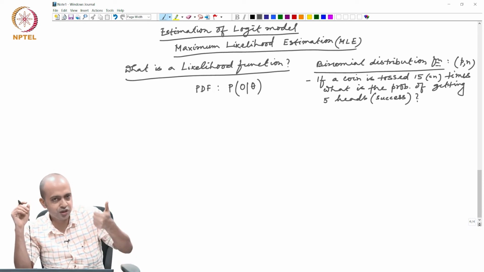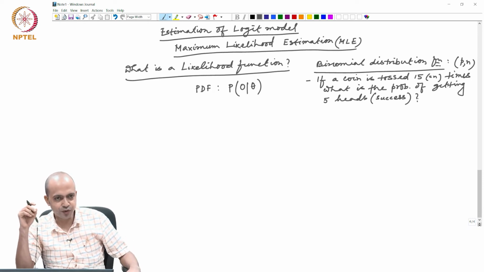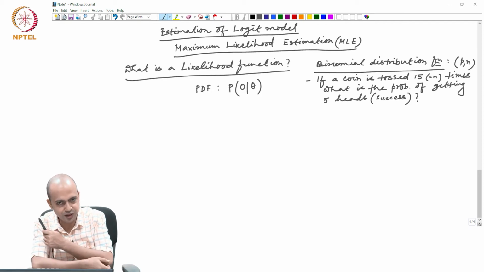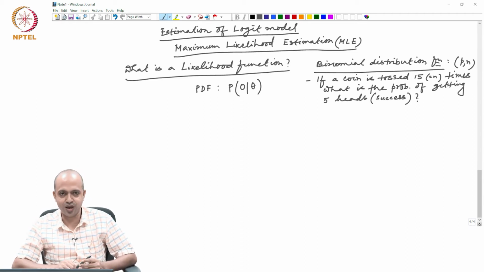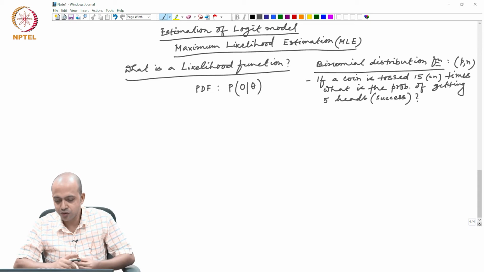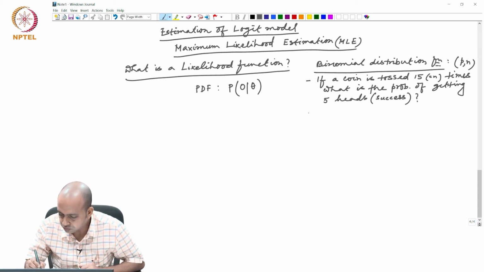So, you are tossing the coin 15 times, that means number of trials is 15, and you can find out what is the probability of getting 5 successes or 5 heads in 15 trials, right. What is the reverse of this problem? Can you think of the reverse problem? Reverse problem.